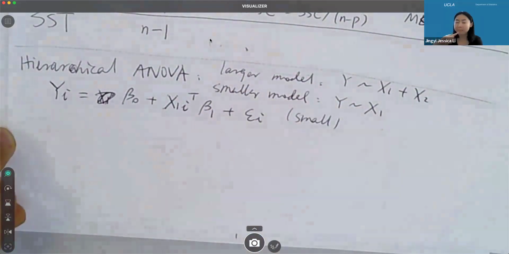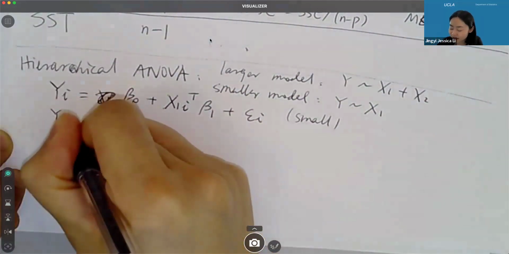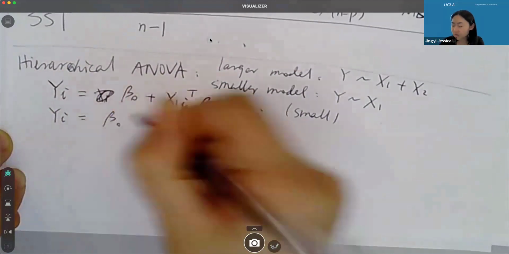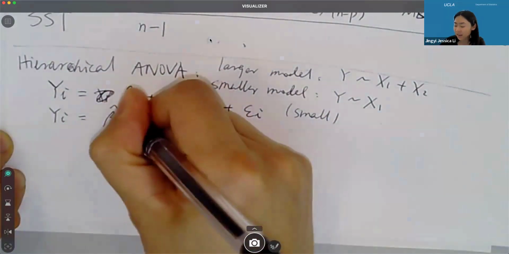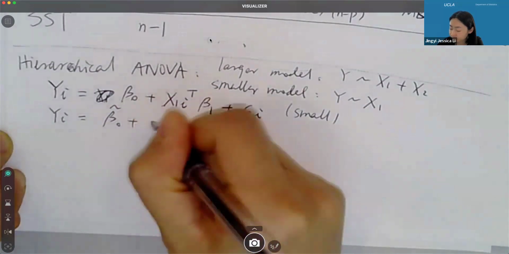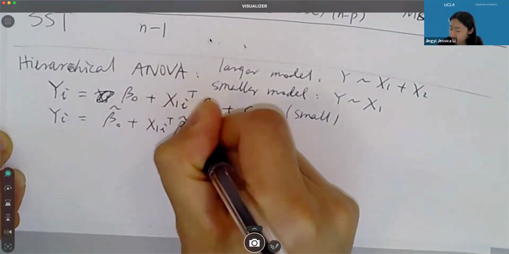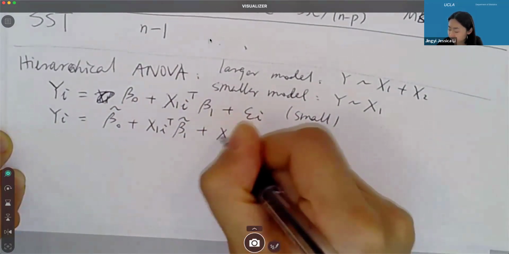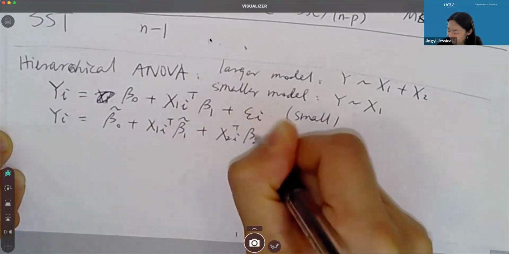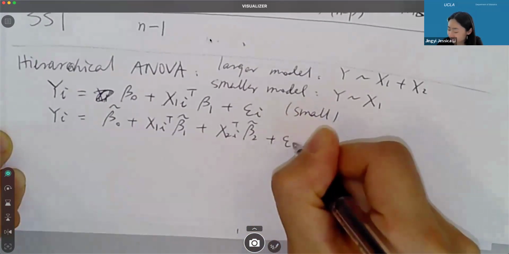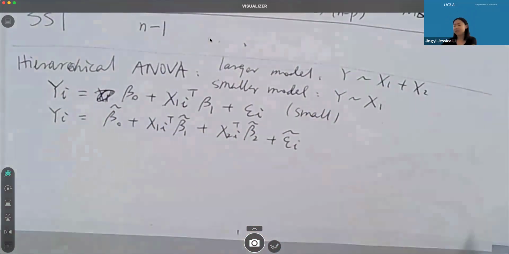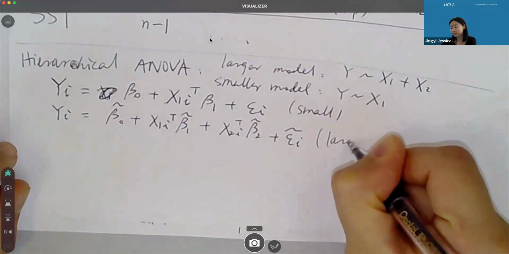For the bigger one, Yi, I'll just use a different set of parameters: beta 0 tilde, plus X1i transpose beta 1 tilde, plus X2i transpose beta 2 tilde, plus epsilon i tilde. This is the larger model.